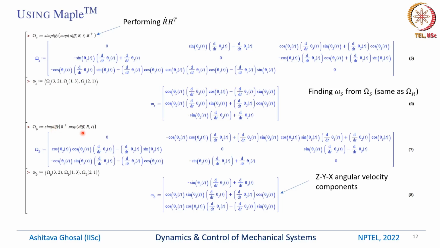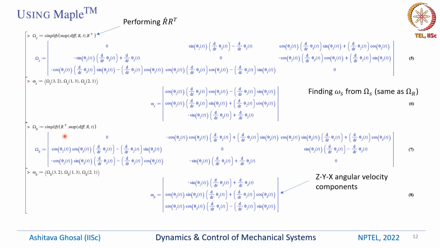And if you want to see whether it can be written in a more compact form, you can say simplify. For r transpose r dot, which is the body fixed angular velocity, we also want to find out. Again we can find this.